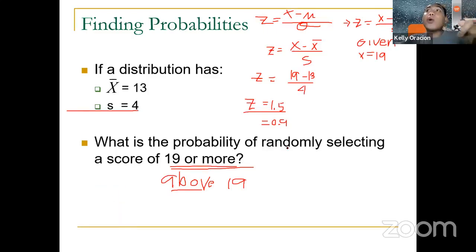Then we solved for the z-score and arrived at 1.5. Now we need to get the tabular value, and according to Escueta, the tabular value of 1.5 is 0.9332.